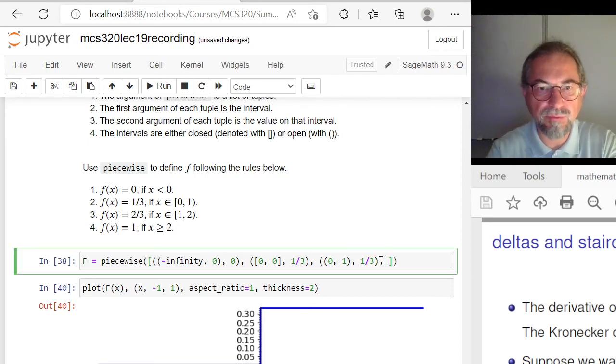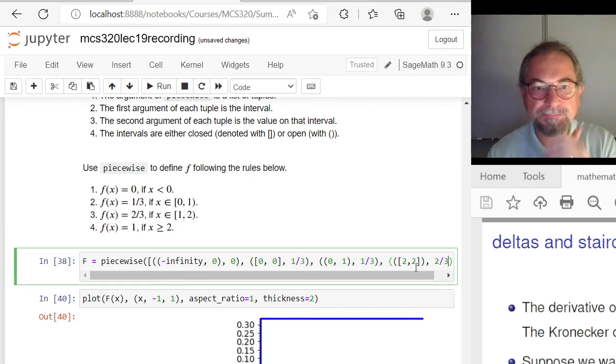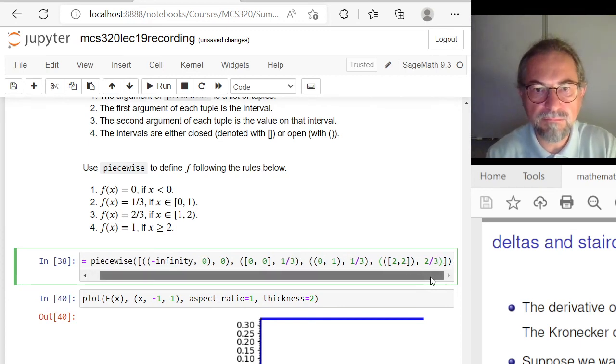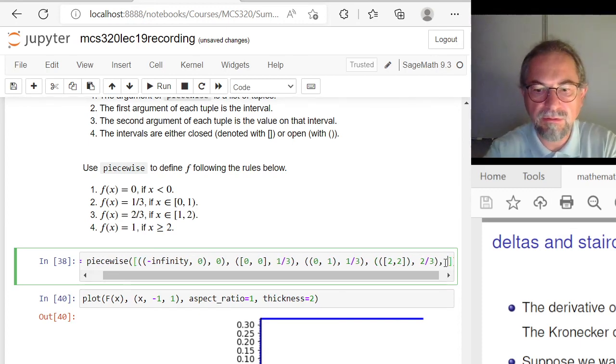So let me continue with the next tuple, which again has to be broken in two. It will define the point 2, and there I have 2/3. And let me continue with the interval.